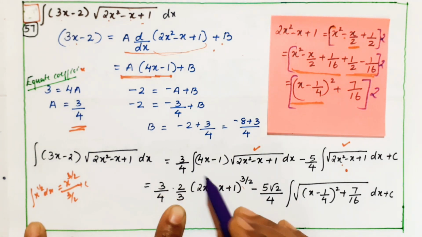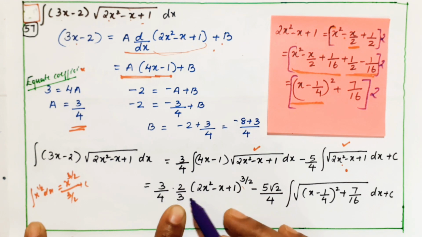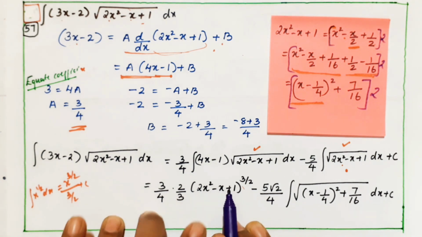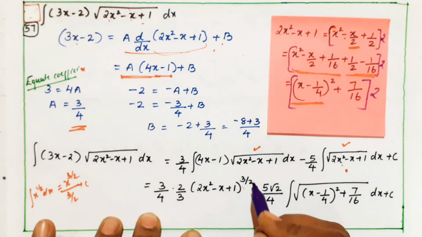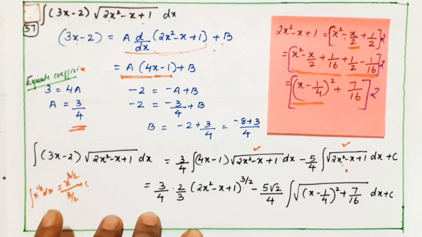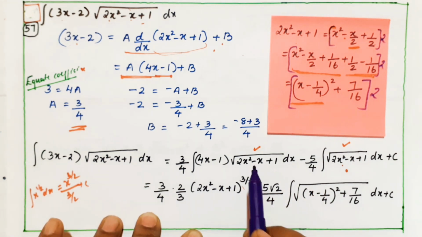So that is this 3 by 2 divided by 3 by 2 only going as 2 by 3. 3 cancel, 2 and 4 get cancel I told you. Right? Then after that this term you can write raised to 3 by 2 because if you differentiate we will get 4x minus 1. That term is here. That is nothing but the dx. Okay. If you substitute this as t you can write it like that also. This as t, this will come as dt.